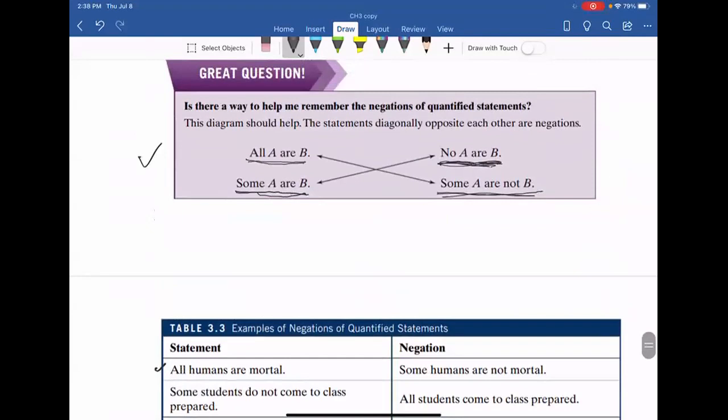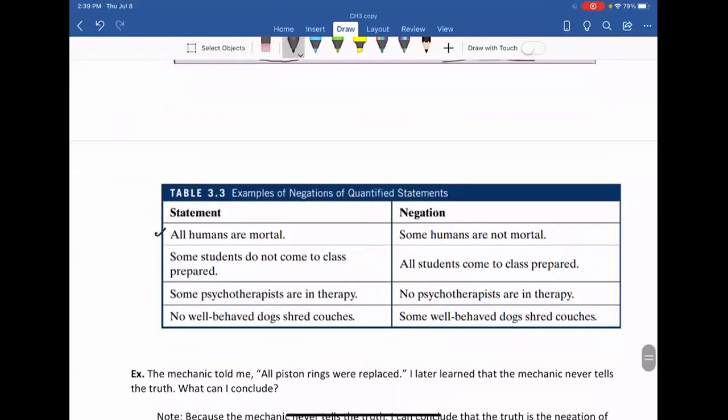Just use the diagram here, memorize this, and you can easily solve the negation of the statement in the left column. Next example, some students do not come to class.